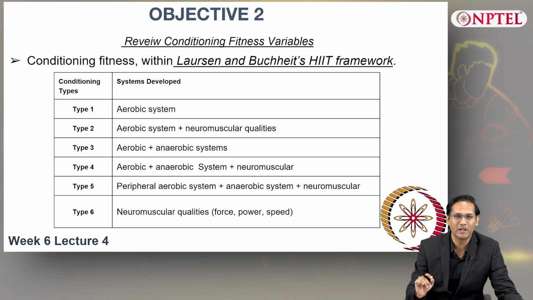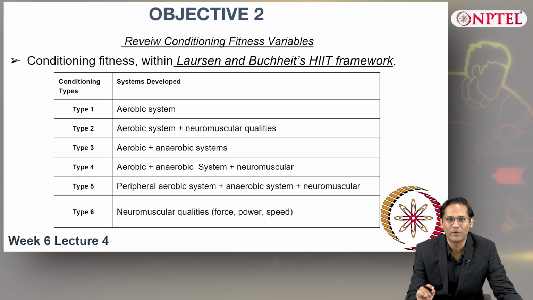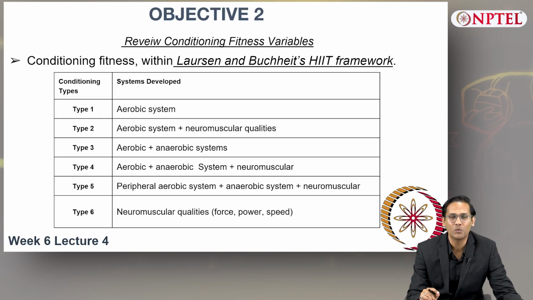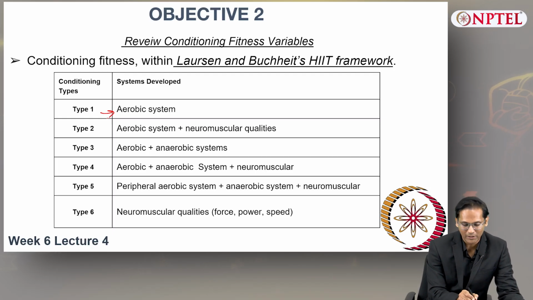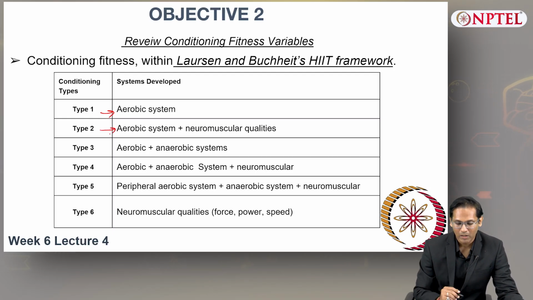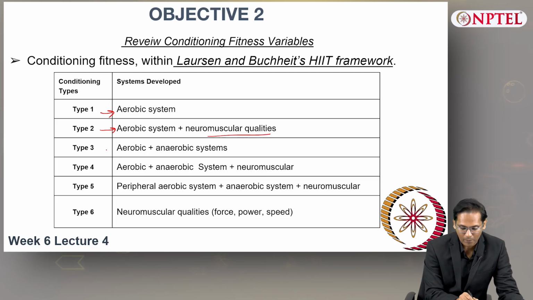Now let's recollect conditioning fitness variable within Lawson and Rushit's HIIT framework. With respect to this framework, there are 6 types of conditioning. Conditioning 1, to develop aerobic conditioning. Conditioning 2, type 2, to develop aerobic conditioning plus neuromuscular qualities. Type 3 conditioning is you develop aerobic conditioning and anaerobic conditioning.